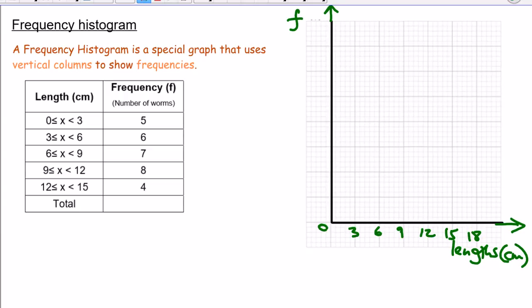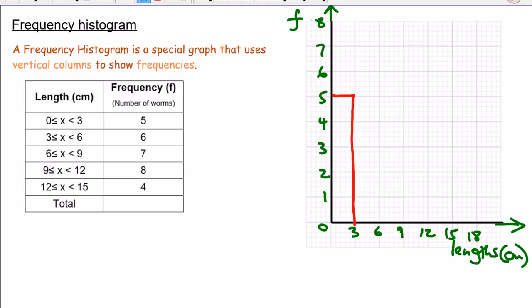And then on the vertical axis, you can have 1, 2, 3, 4, 5, 6, 7, and 8. Now, the number of worms that measured between 0 and 3 centimeters were 5 of them. So that is 5.